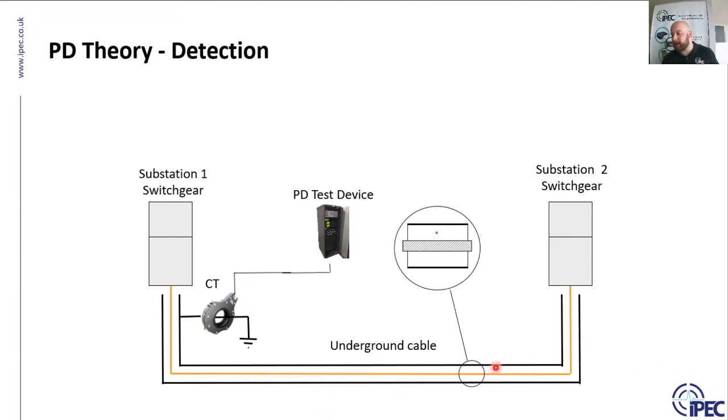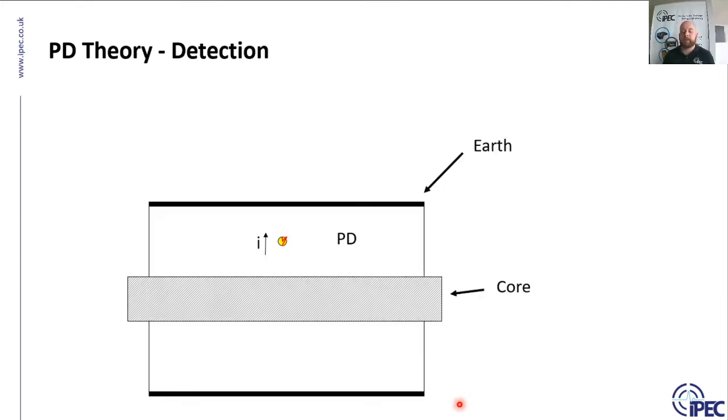Okay, so if we zoom in now to this area of the cable, let's have a look at what happens. Again, this is most likely to be in a cable joint, but for simplification, I've taken the sort of ideal solution. We've got a single core, high voltage cable, and the earth shield around the outside. Now, when one of these very small PDs occurs during the rising edge of the power cycle, PD is then induced on the inside of the earth sheath, and also an equal and opposite signal on the outside of the core.